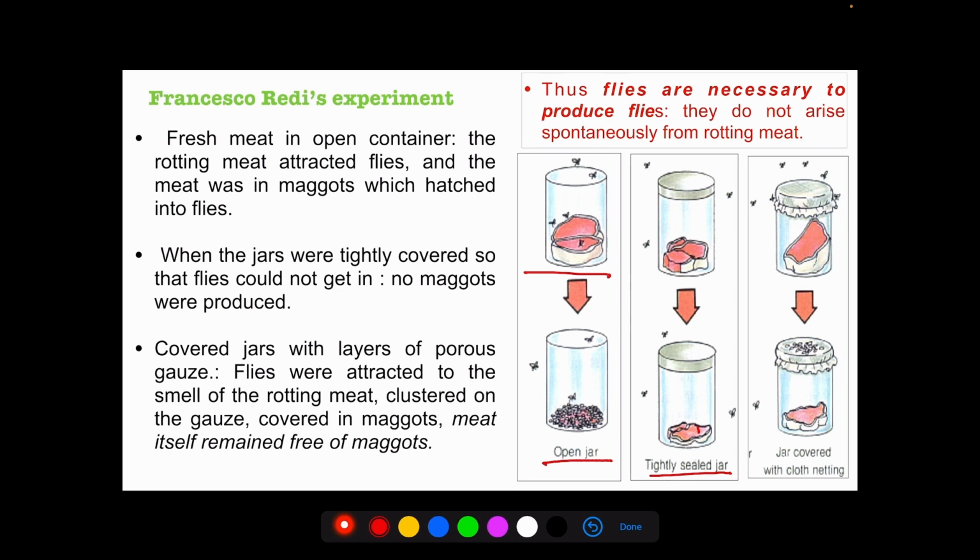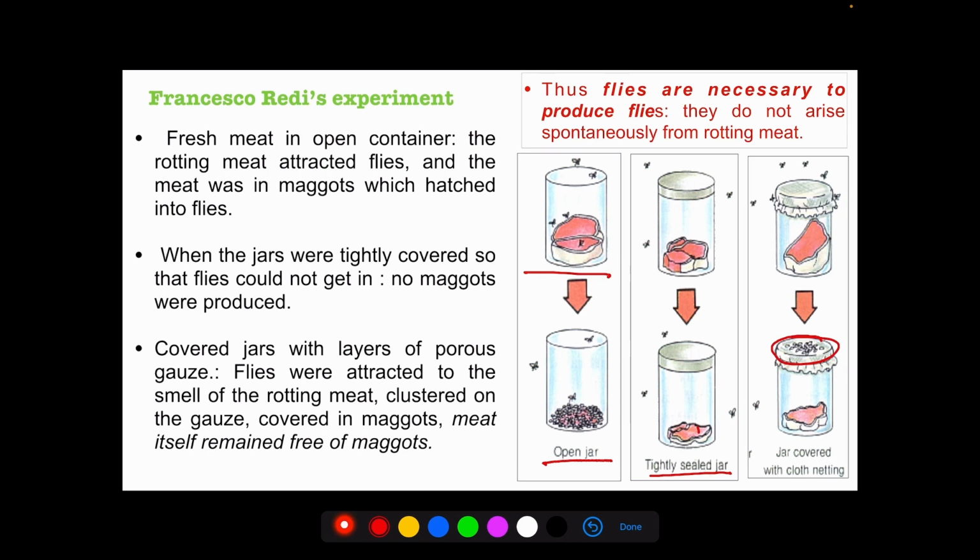And since the flies could not enter, they were rather attracted to the smell of the rotten meat. And so they clustered on the gauze used to cover the jar, which was soon filled with maggots on top, as you can see over here. But the meat itself was free from maggots.